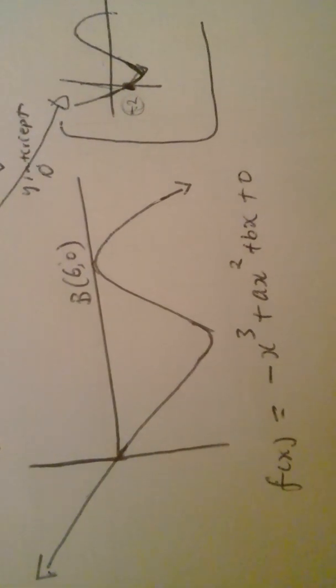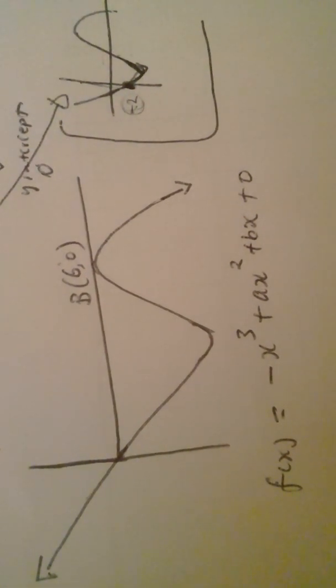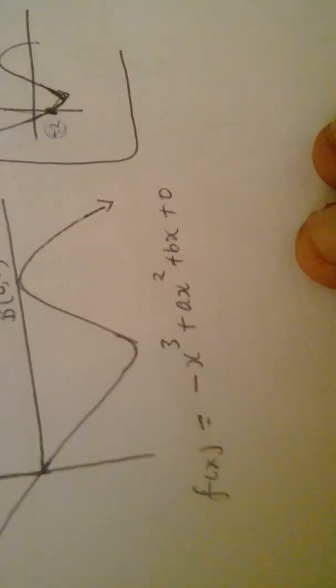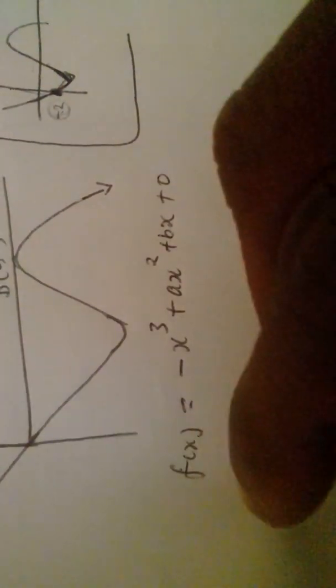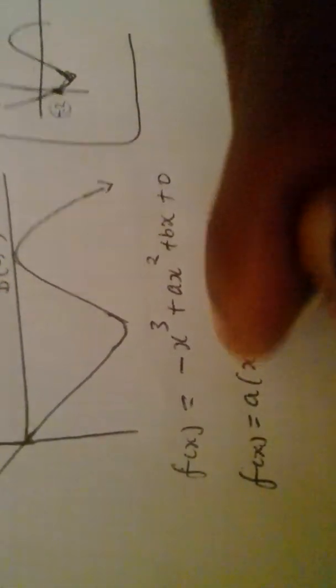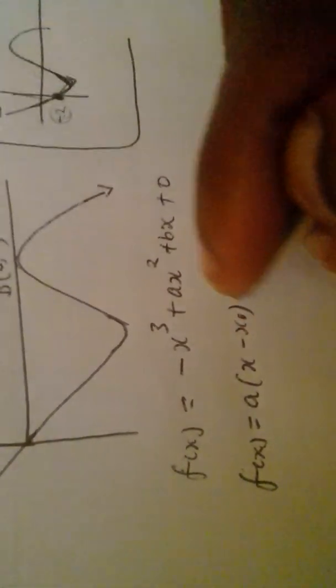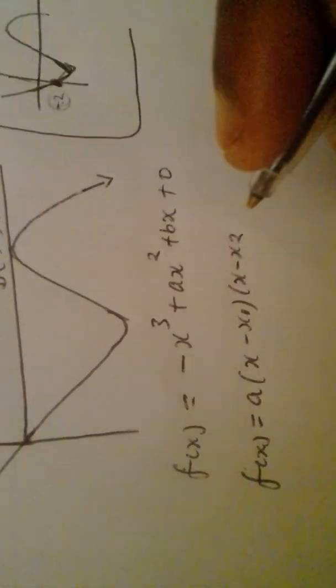Now I want to show you another equation that might be helpful to you, which is the equation f of x equals a times x minus x1 times x minus x2.